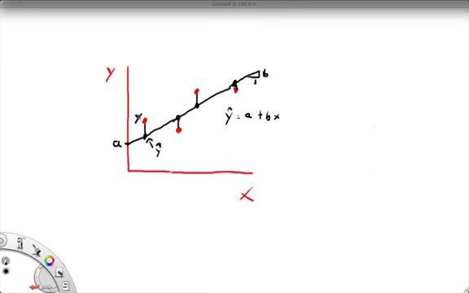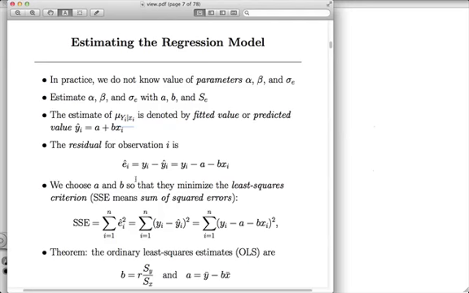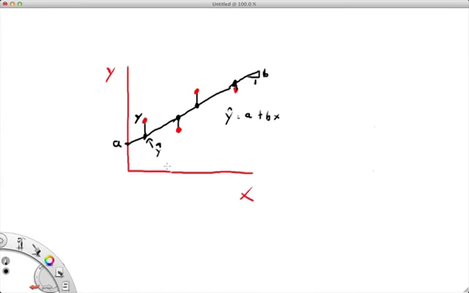Now let's go back to the course packet for a second. The next term that we need to understand is residual. A residual is the difference between the y's and the y hats. We're going to call these residuals e hats. If we go back to my diagram, the black lines are my e hats.